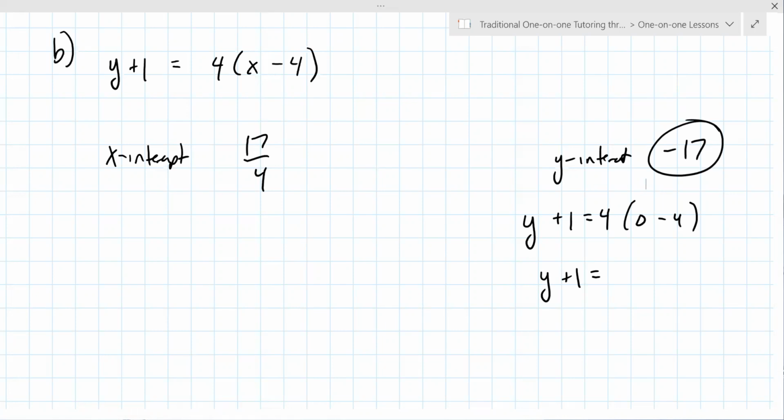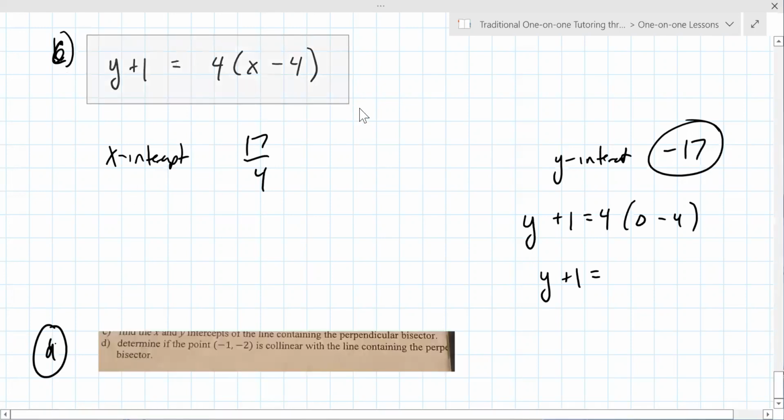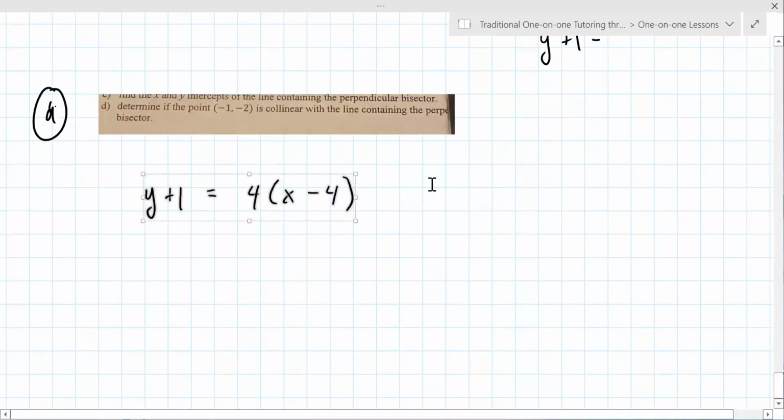So then the next part, part D. And they gave you a different point this time, -1, -2. So we're going to put the -1, -2 into that equation. And now you're putting it in for x and y, not for x1 and y1.